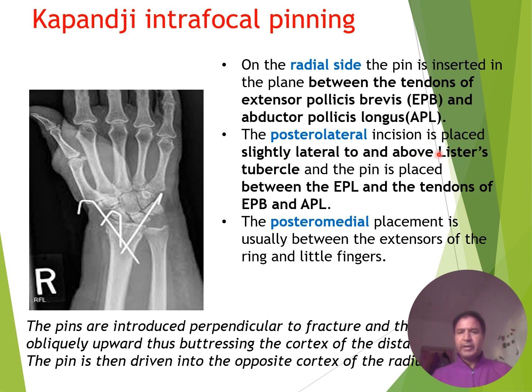The posterolateral incision is placed slightly lateral to Lister's tubercle, and the pin is placed between EPL and the tendons of EPB and APL here. The posteromedial placement is usually between the extensors of the ring and little finger.